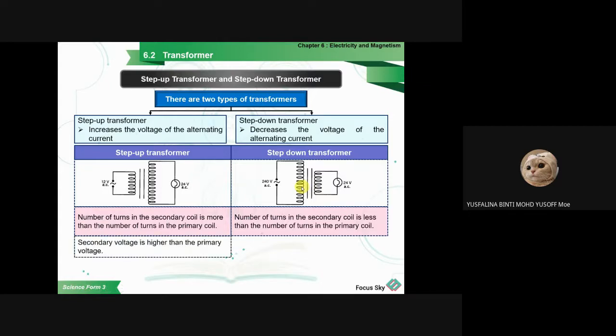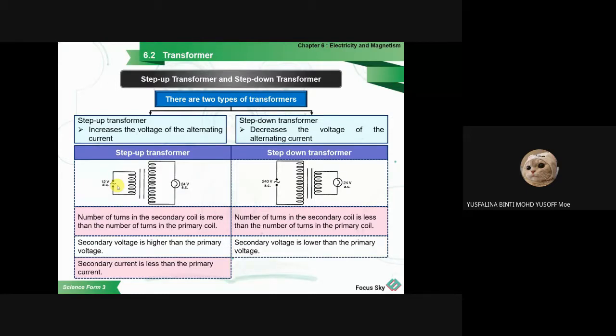And we already compared the voltage just now: the voltage for the secondary coil here is much higher compared with the primary coil. For this one, step down, the secondary voltage is lower. And the secondary current is less than the primary current. And for step up, the secondary current is more than the primary current.